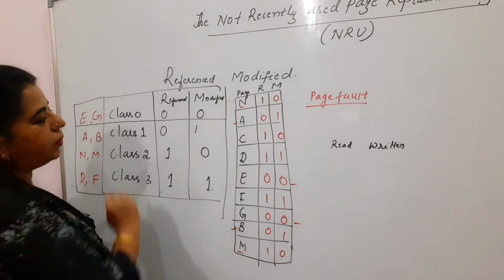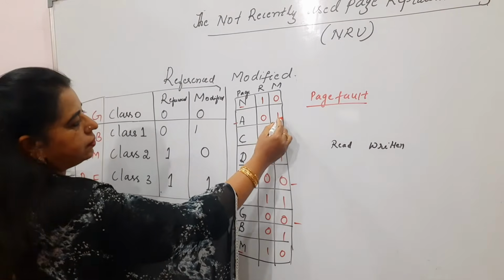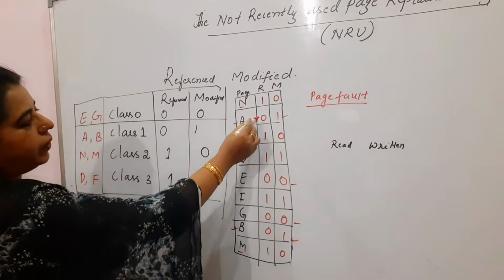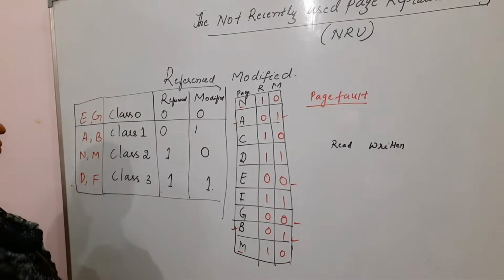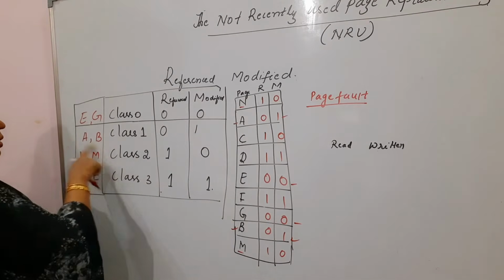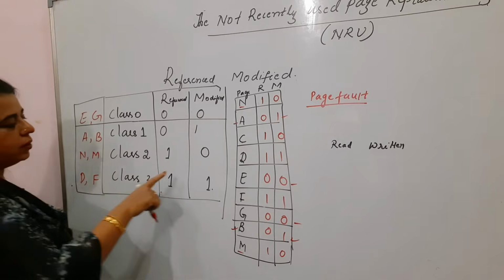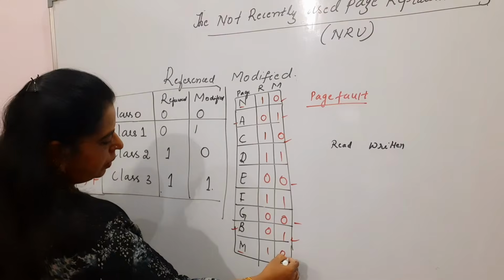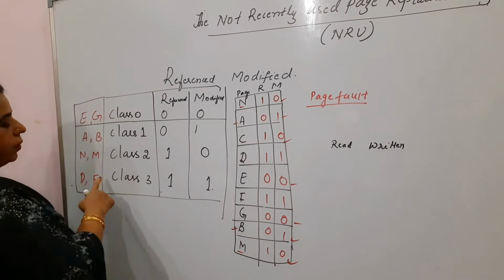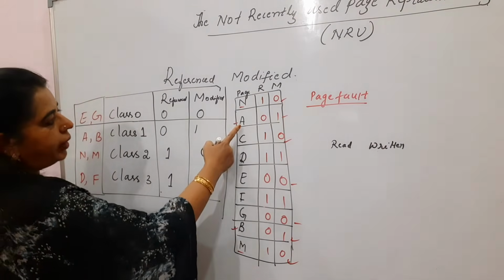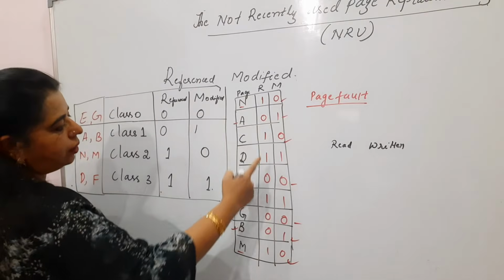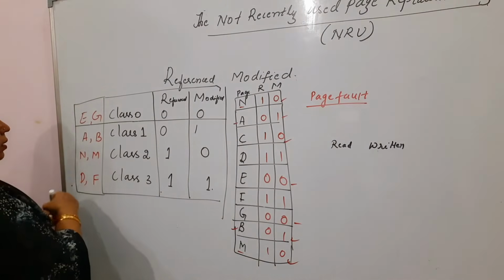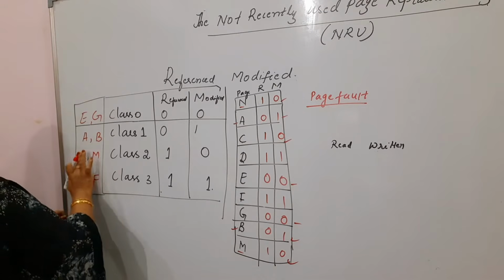Class 1 is 0 and 1, it is appearing only 2 times, so A and B. Class 2 is 1 and 0. Yes, here we have missed one. So N, M and also C. C also comes under class 2.